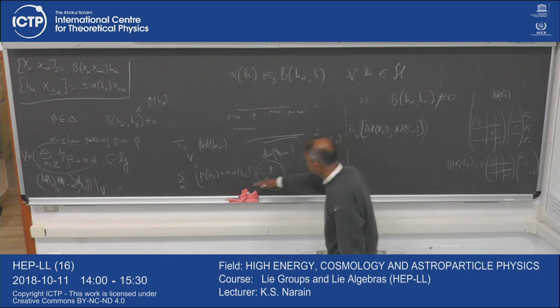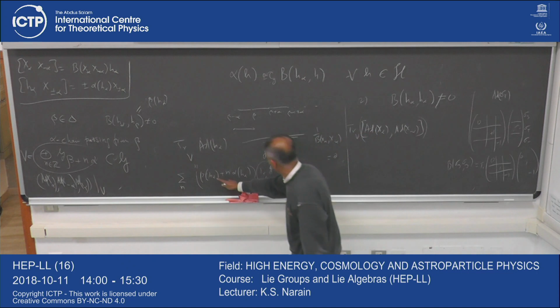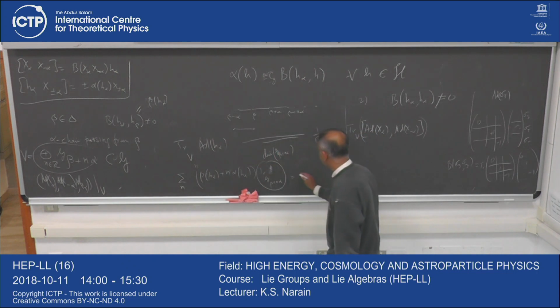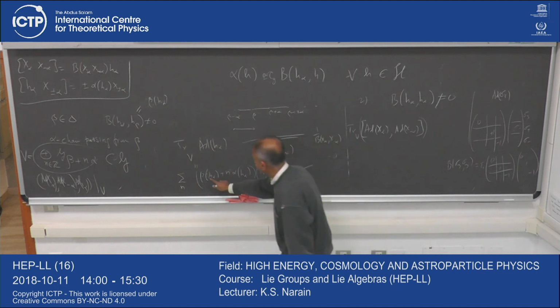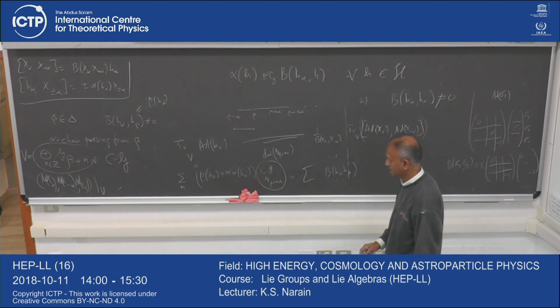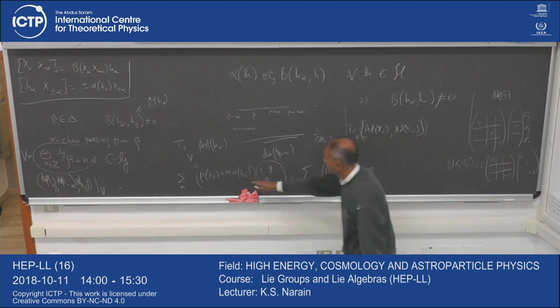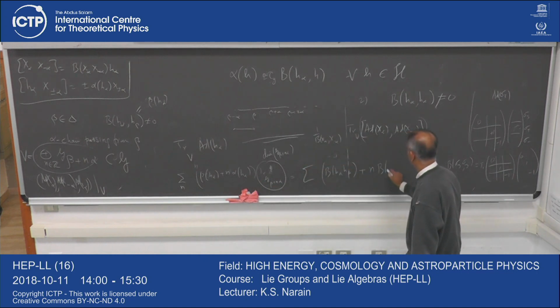So what does that mean? That means this whole thing, this huge expression, must be 0. Right? But now if you look at this here, I can open it up. So this is a sum. Now beta of H_alpha is nothing else but B(H_alpha, H_beta), plus n alpha of H_alpha is nothing else but B(H_alpha, H_alpha) times the dimension of G_(beta plus n alpha).